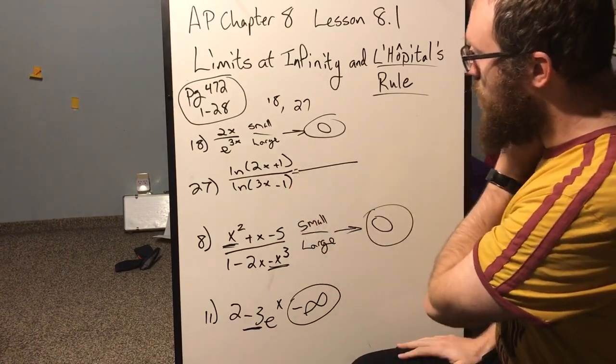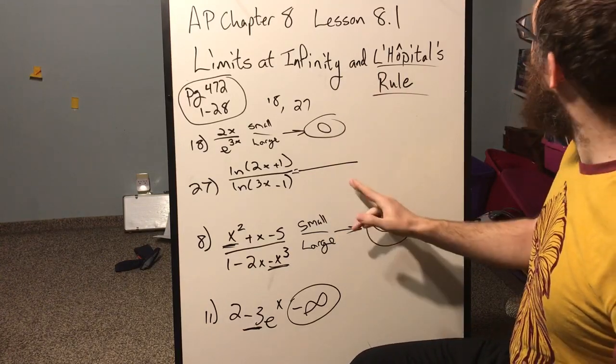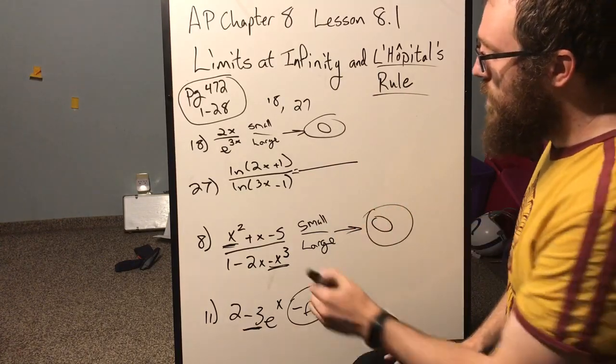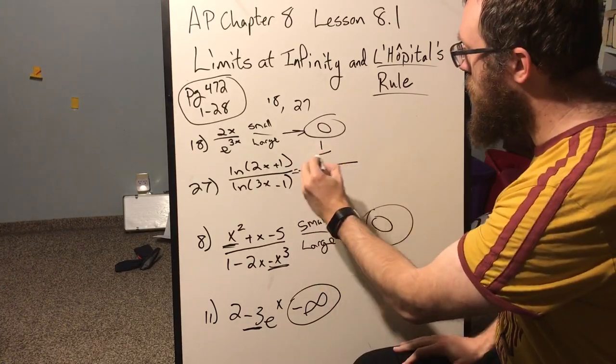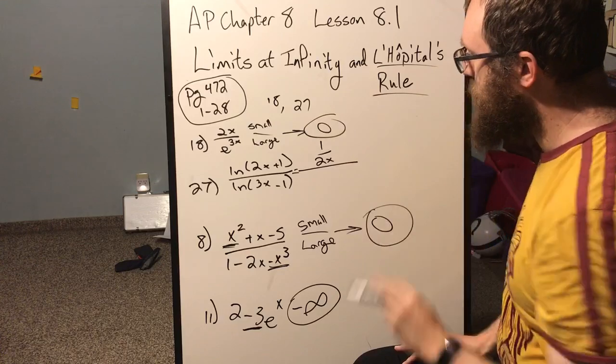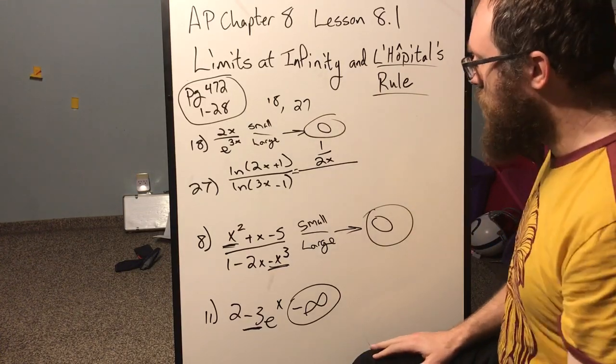So for those of you who are high flyer, fast thinkers, we're going to jump past this middle step, but I'm going to do it right now. So the derivative of the ln of 2x plus 1 is 1 over 2x plus 1.